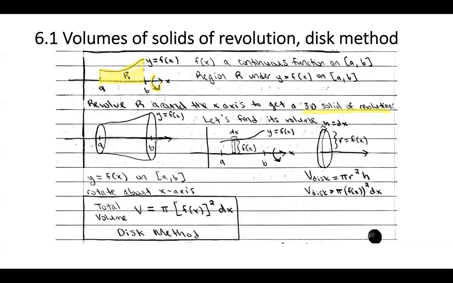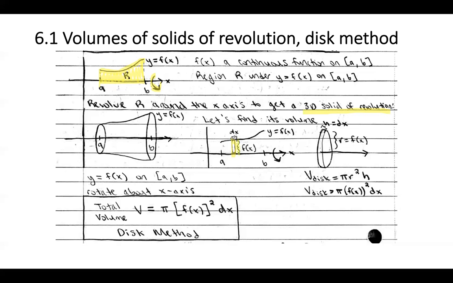So I like to do that by, again, looking at our section R. Let's redraw this. So we have our y equals f of x from a to b. And let's take a slice, or a disc rather, right? We're doing the disc method. So we're taking this small slice, and since this is from the x-axis to our function, this will be f of x right here.